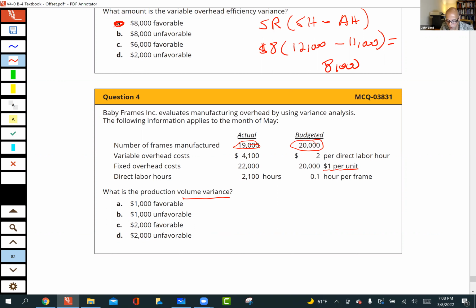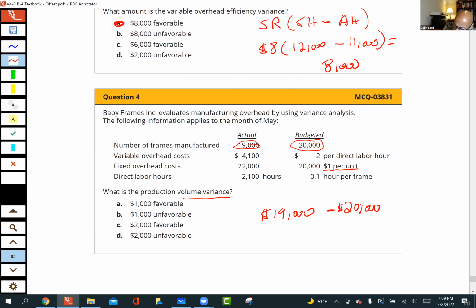That's the predetermined rate for this. So what happens? So we put the actual first. So they would have applied the overhead at $1 per unit at $19,000, and they had budgeted what?